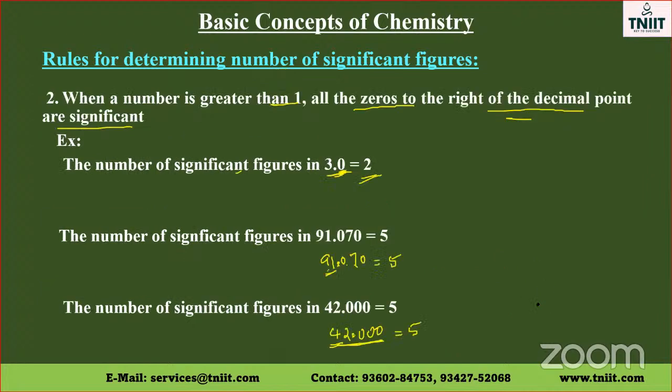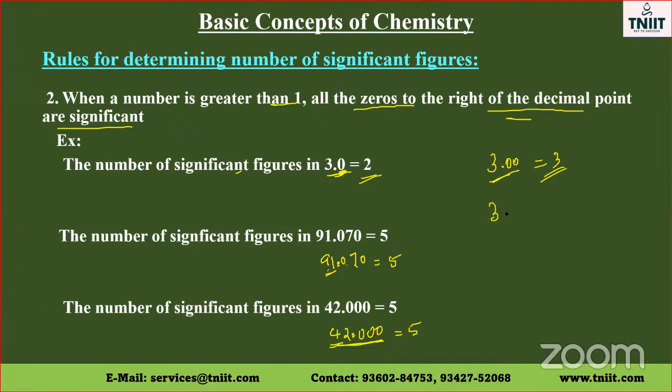The second point is, if the number is greater than 1, the zeros placed on the right-hand side of the decimal point are significant. So in this case, 3.00, what will be the number of significant figures? The number of significant figures will be 3.